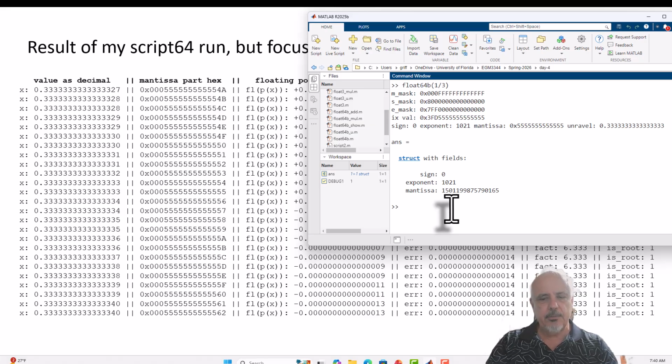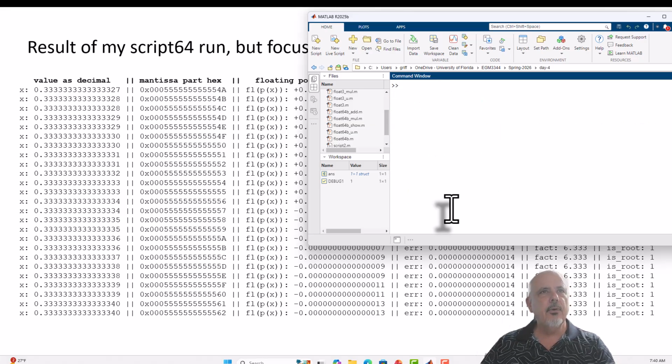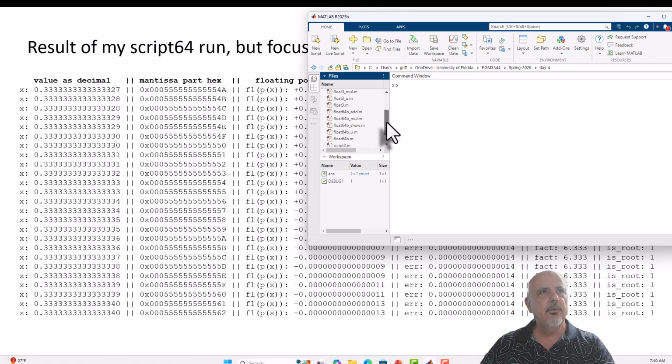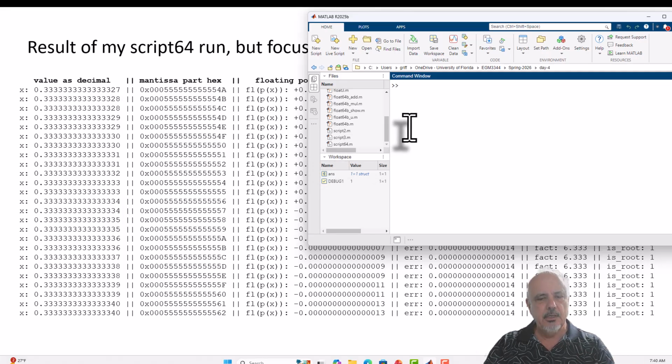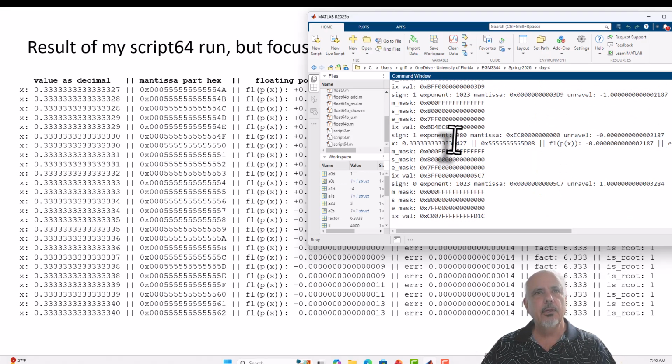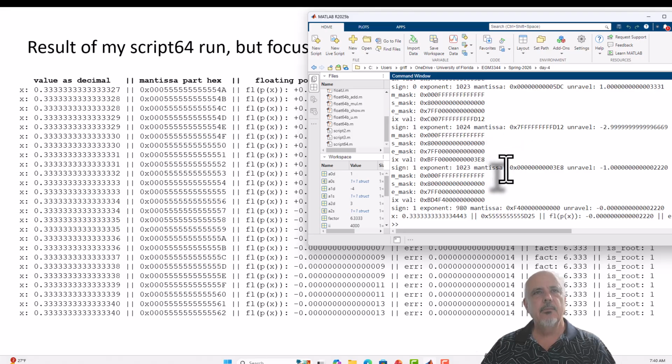Okay, so let me clear the command window. This file came from my script 64 run, so let me do that. Script 64 in my day 4. See what that does. Oops. I should have turned debug off.